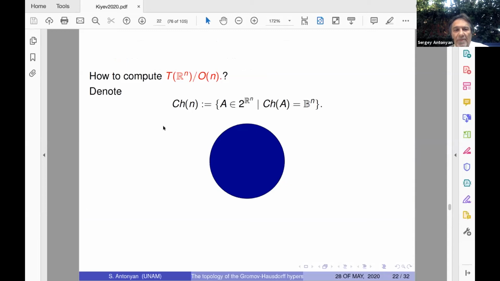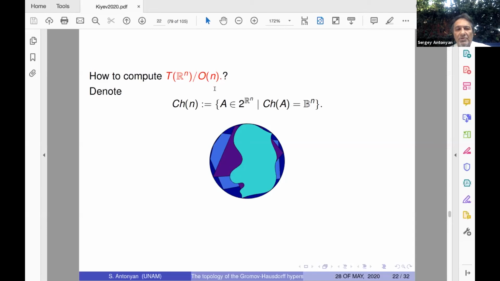We denote by Chebyshev(n) all subsets of R^n whose Chebyshev ball coincides with the unit Euclidean ball. Okay, we consider all those A for which this fixed ball is the Chebyshev ball, the least volume ball which contains these sets.